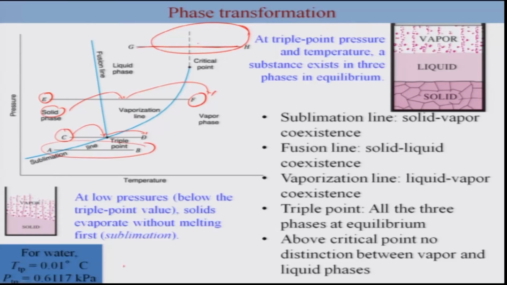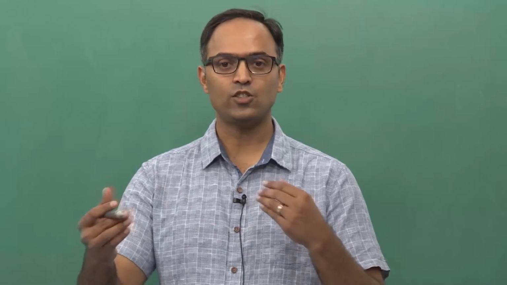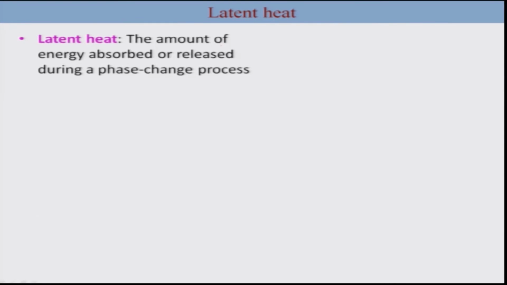Okay. So, I already mentioned the sublimation part, which is illustrated in this particular picture. For the case of water, the triple point is given here as 0.01 degree Celsius and this kilopascal. When you undergo a phase transition, the energy change is effectively represented by latent heat.